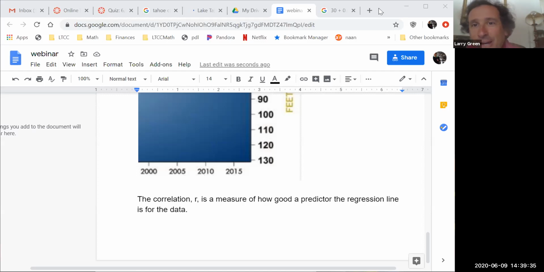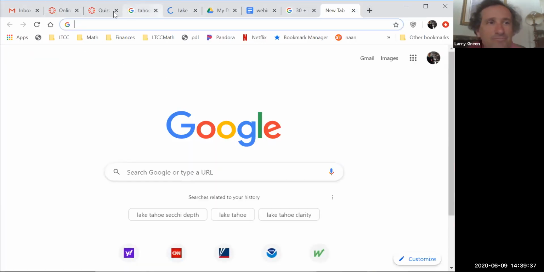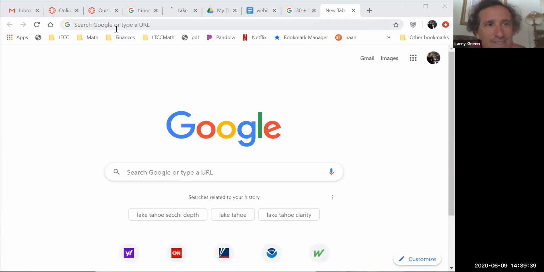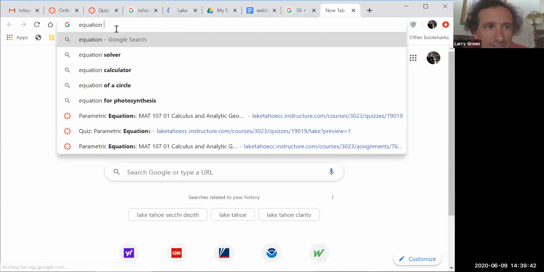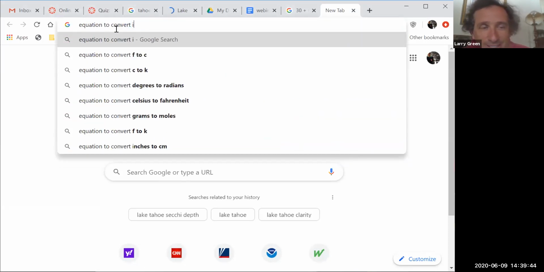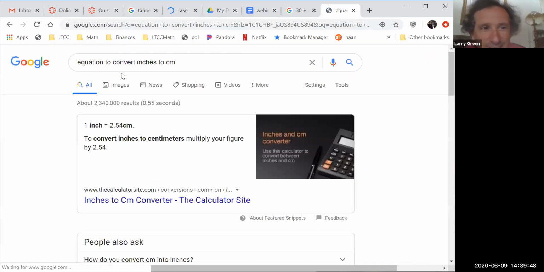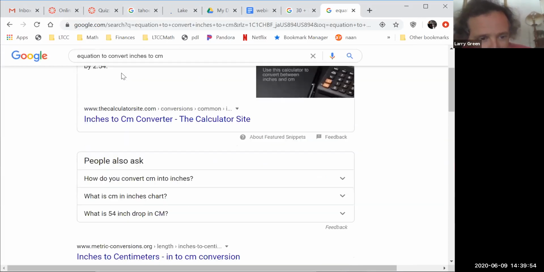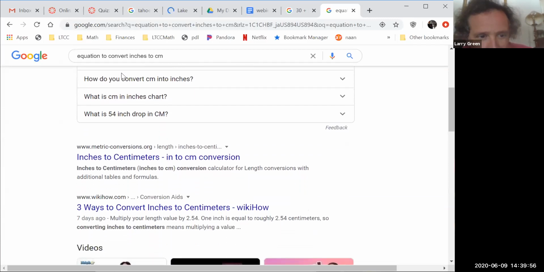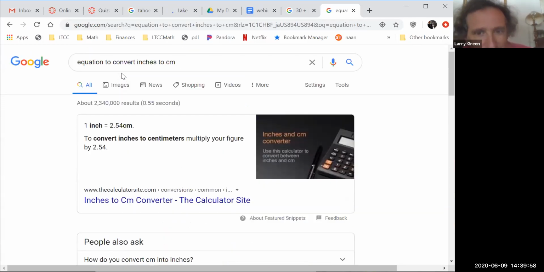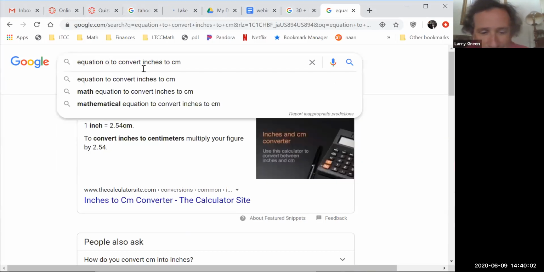In fact, just for fun, you don't remember it? Equation to convert inches to centimeters. Google knows what I'm thinking. I need a little more words on this. Equation of the line.